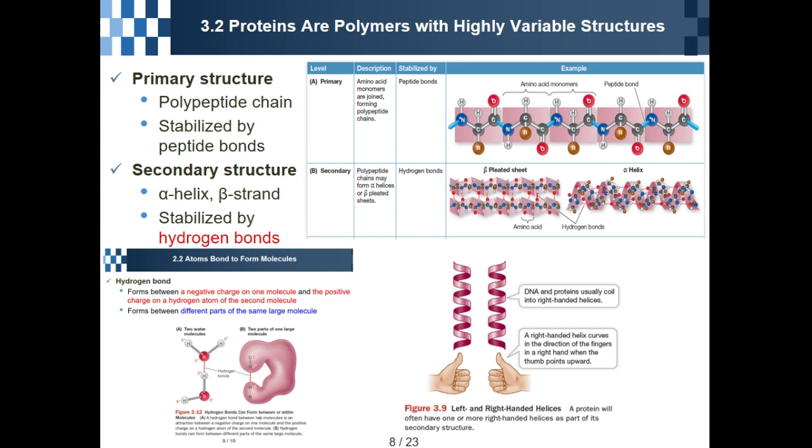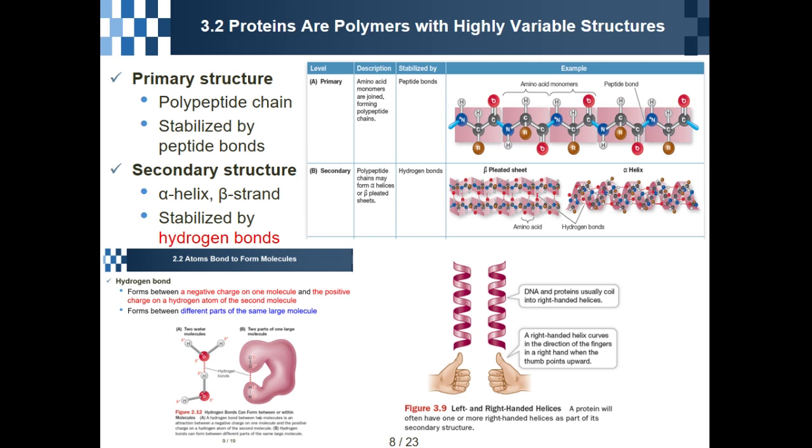Primary structure is the polypeptide chain, with a peptide bond here, here, here, and here. It is stabilized by peptide bonds, between the CO and the H, like this.